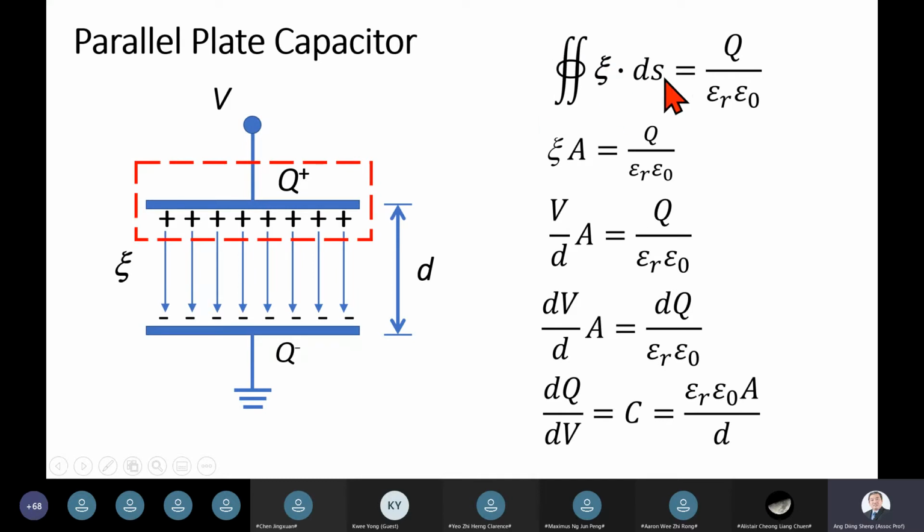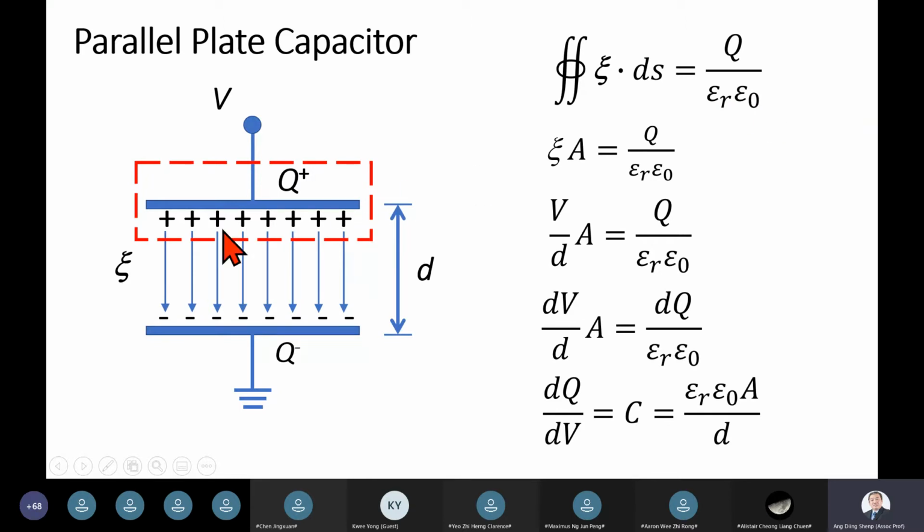From Gauss's law, you can see that with a smaller net electric field, the integral will be smaller. To represent this result, we include an additional number here, called the relative permittivity of the medium. Overall, the expression on the right side is also reduced if this number is bigger than 1. Usually this number is bigger than 1; 1 is for vacuum, epsilon naught.